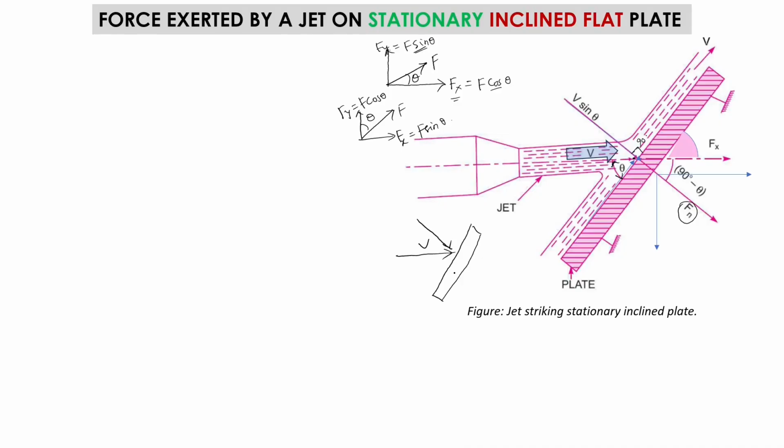This component is vy, and this component, with the angle, is Vx. So Vx is V cos theta, and Vy is V sin theta. So from here we are getting this V sin theta, because here we already have V cos theta, right?